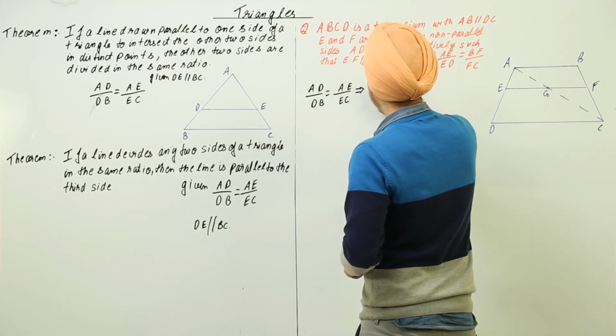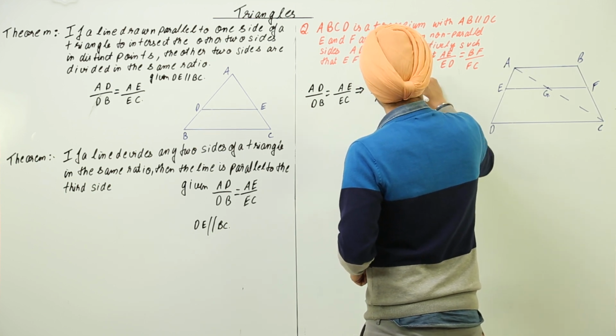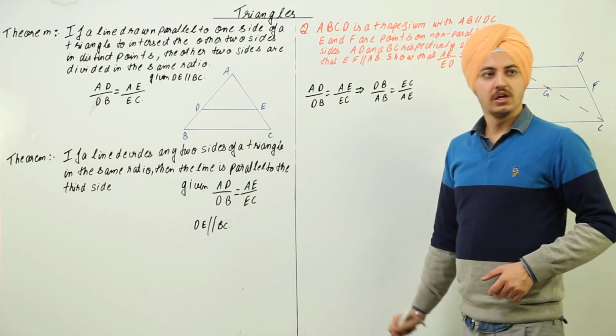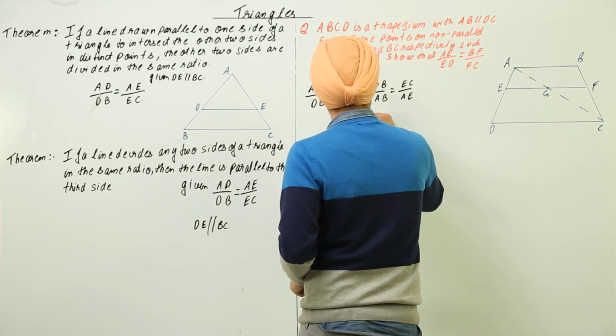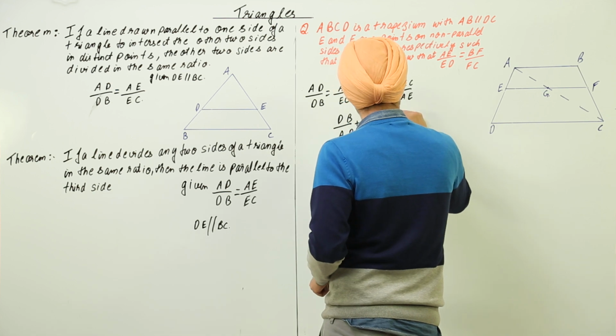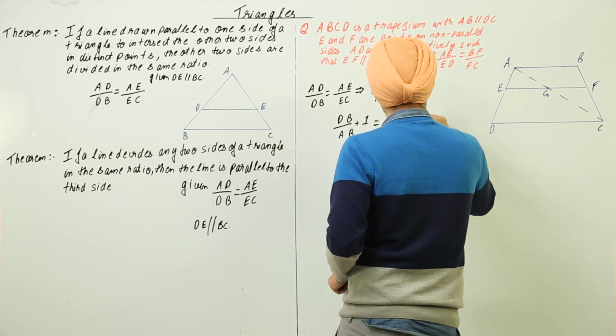It will mean that DB upon AD is equal to EC upon AE, correct? Now I am adding 1 to both of these. Now what will happen is DB upon AD plus 1 is equal to EC upon AE plus 1.